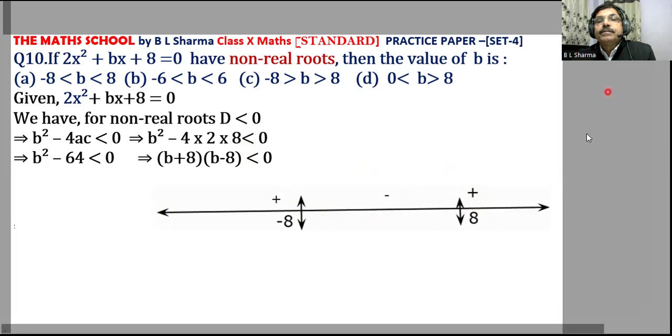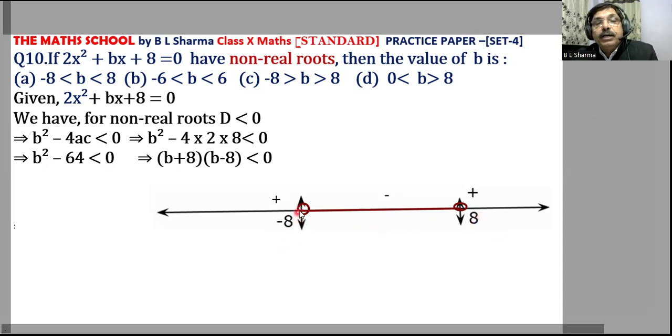So for this, this value will be here. Means the value of b should be greater than minus 8 and less than plus 8.